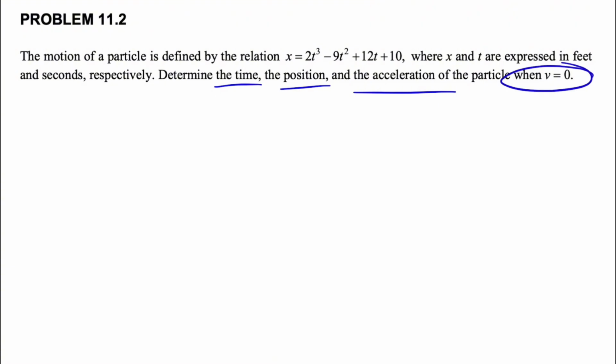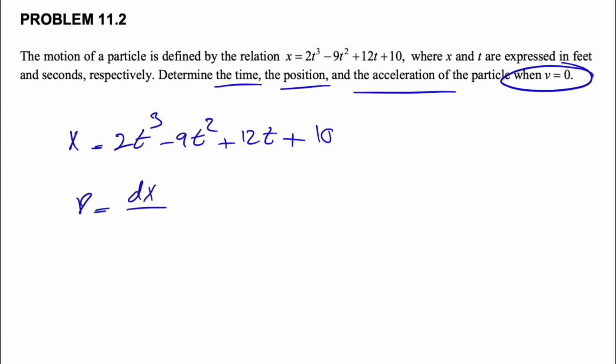So first of all, we have our position with respect to t, so t cubed minus 9t squared plus 12t plus 10. If you want to find the velocity, we know we have the derivative of x with respect to t.